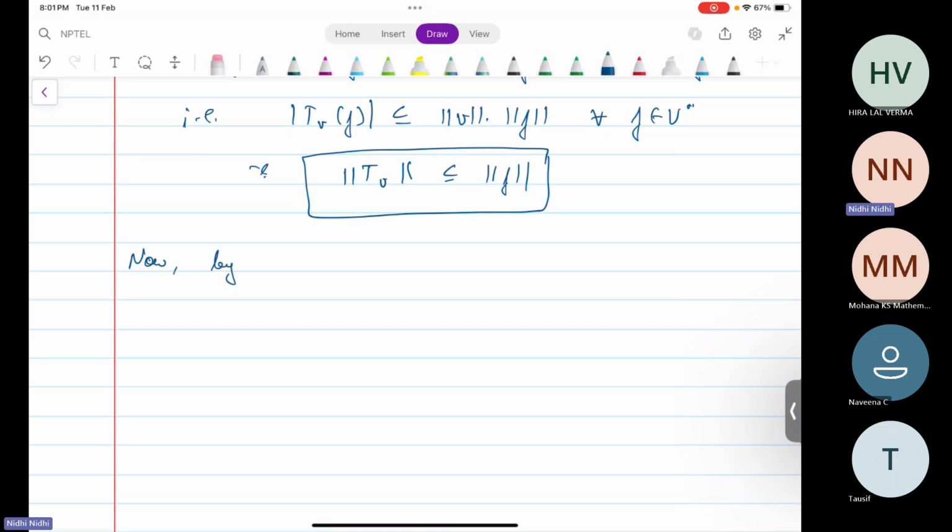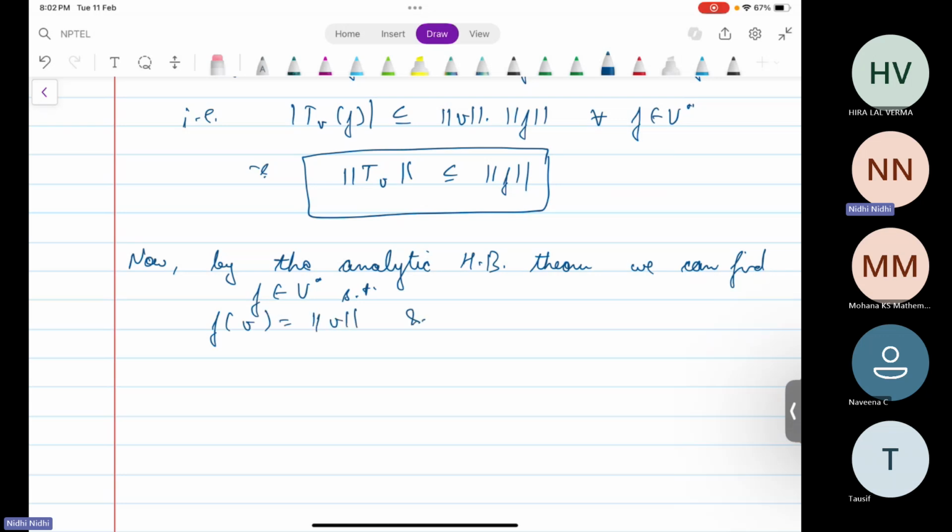By the analytic Hahn Banach theorem, we can find a functional F in V star such that F at V is equal to norm V and norm F is equal to 1.